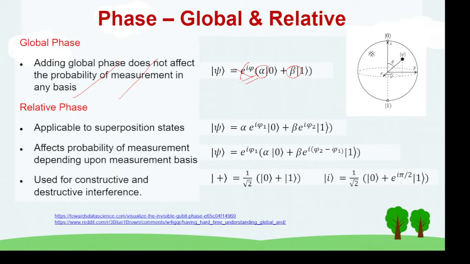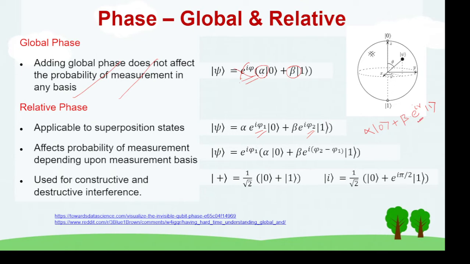So what is it? Maybe we can represent it like this: e to the power of i phi 1 for ket 0 and e to the power of i phi 2 for ket 1. And if you want, we can take e to the power of i phi 1 outside. That makes this statement, which you can see here, of the form alpha ket 0 plus beta into e to the power of i some constant ket 1.